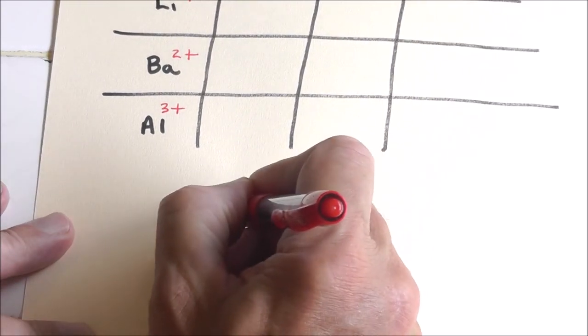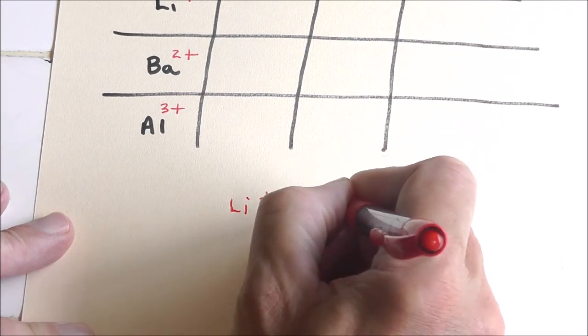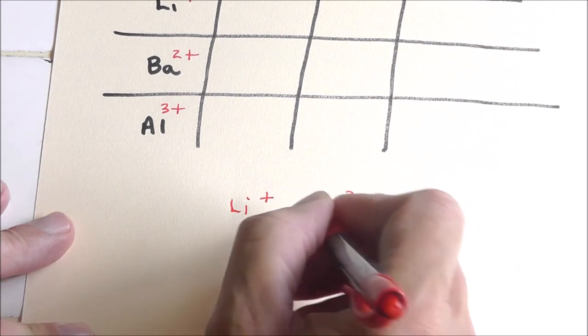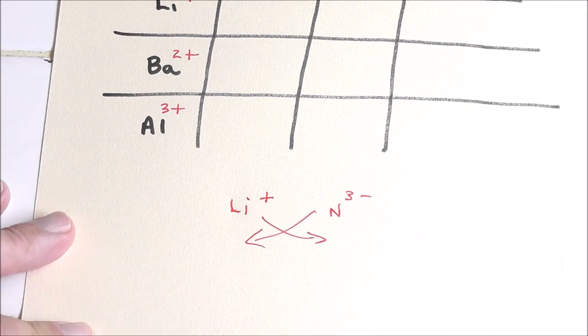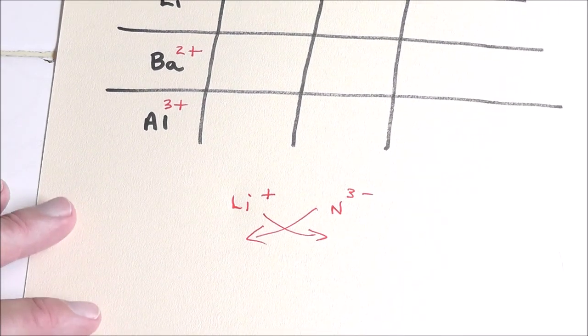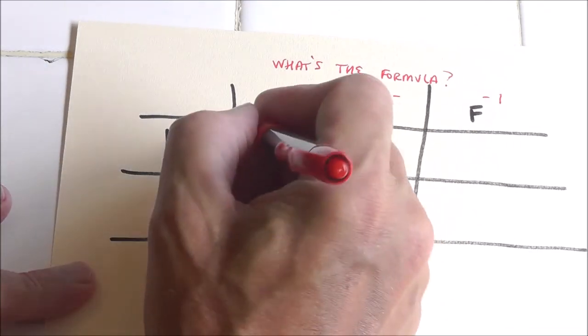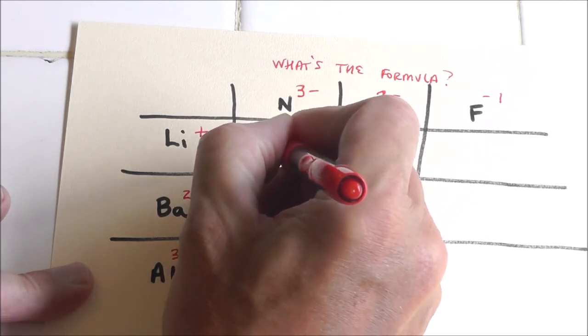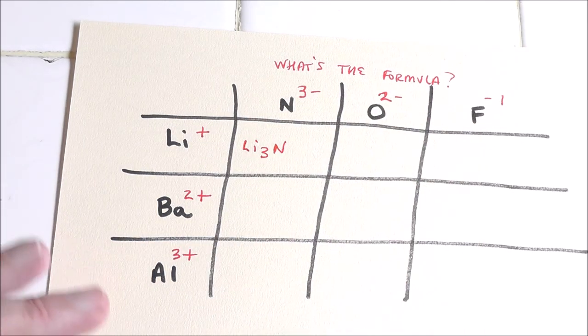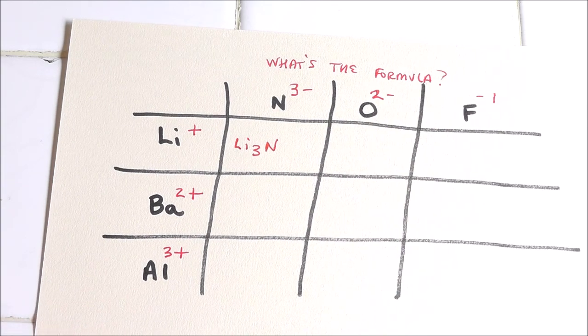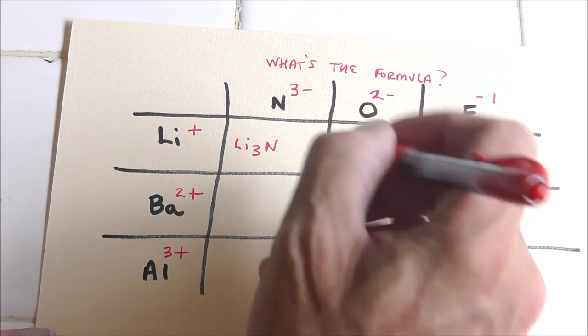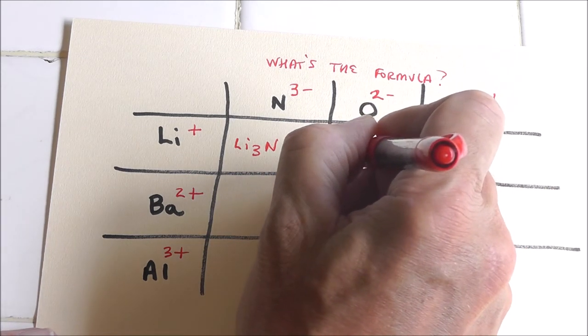So whatever way you like to do it, folks. Switch the numbers. I'll explain how that could be a little bit dangerous in some cases. But let's go with switch the numbers. Li3N. That is the correct formula for the ionic compound between lithium and nitrogen. Same kind of thing with oxygen, except you only need 2.